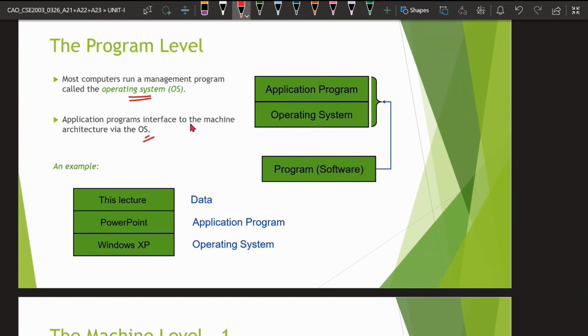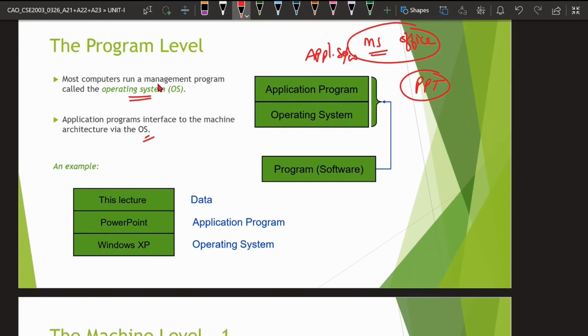If we install a particular software on a particular operating system, that software is considered an application-oriented program. So we wanted to have a PPT, and for that we need to install Microsoft Office. This MS Office is an application software.